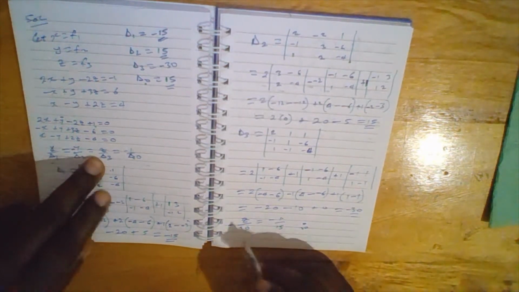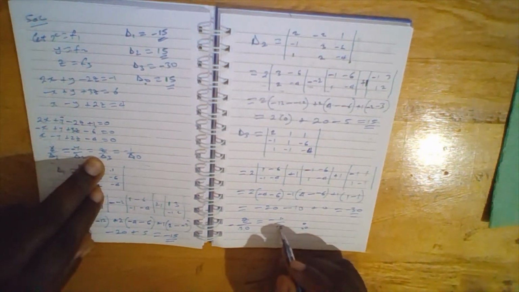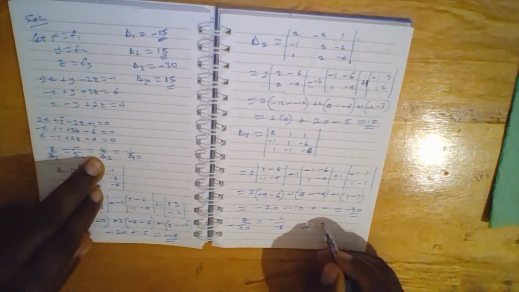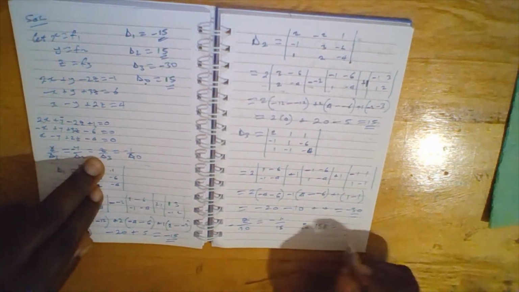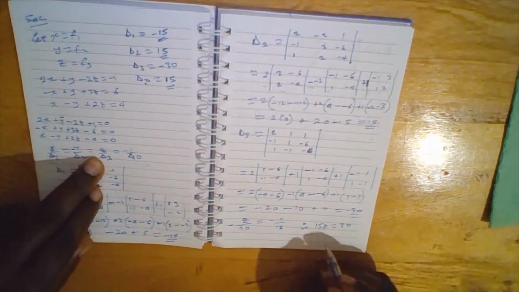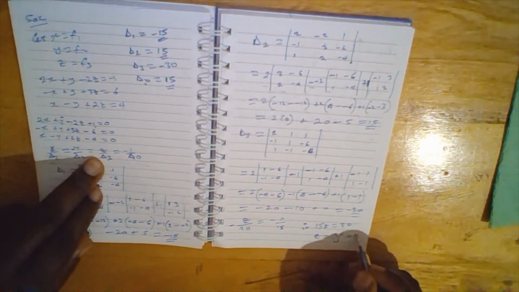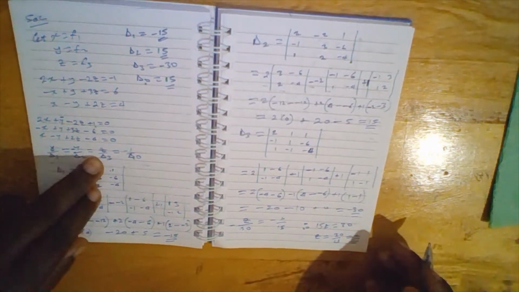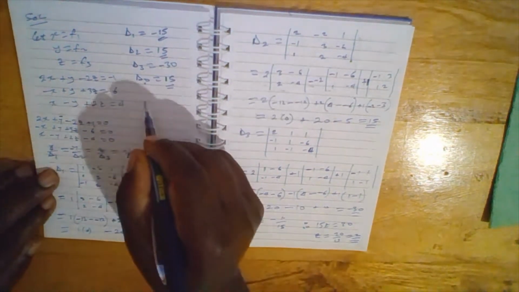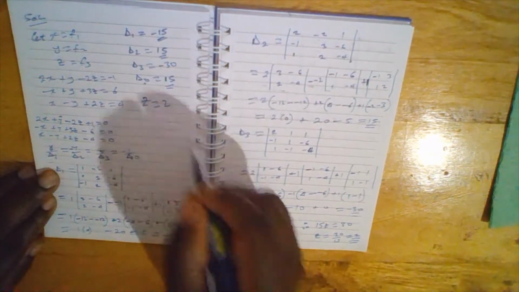Because minus and minus will be positive, we have 15z equals to 30. So z equals to 30 over 15, which is equals to 2. So z equals to 2.